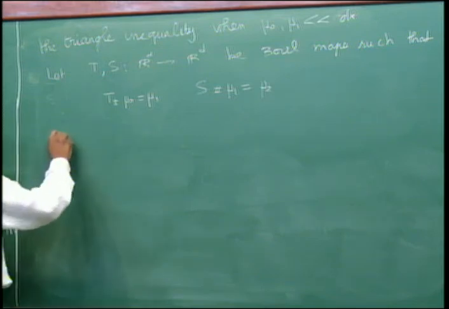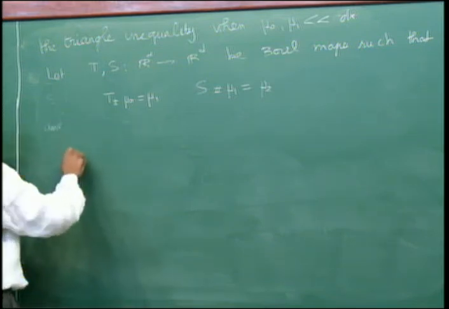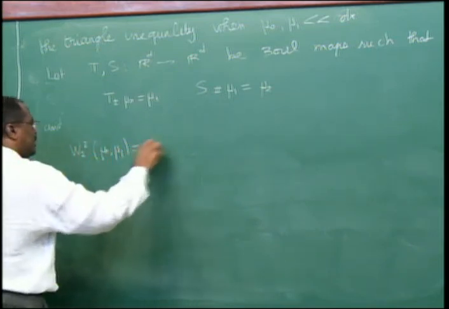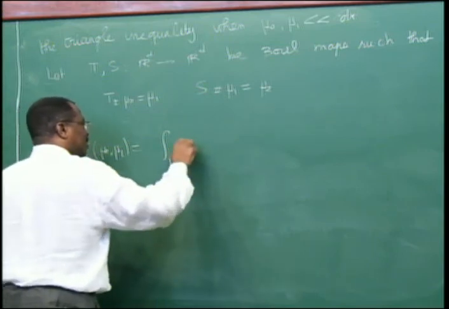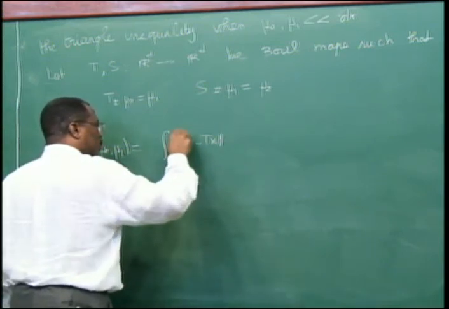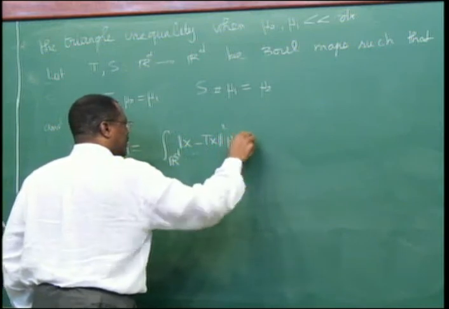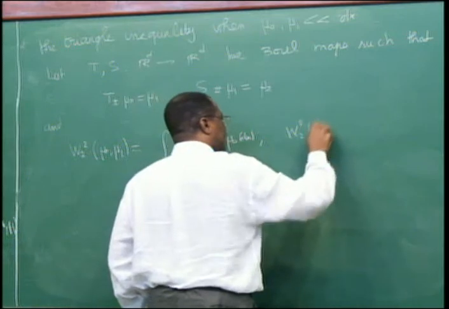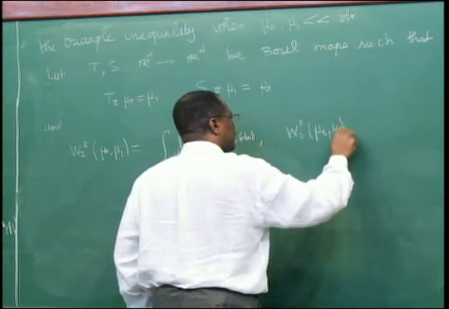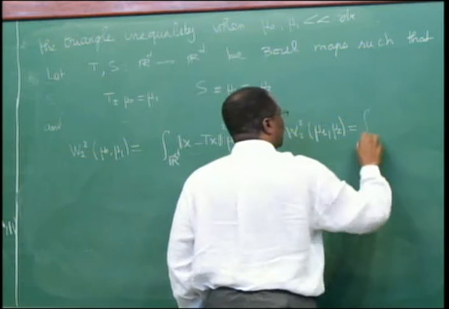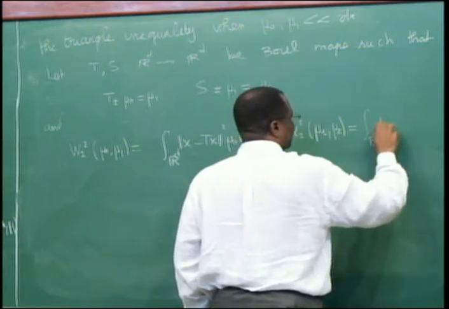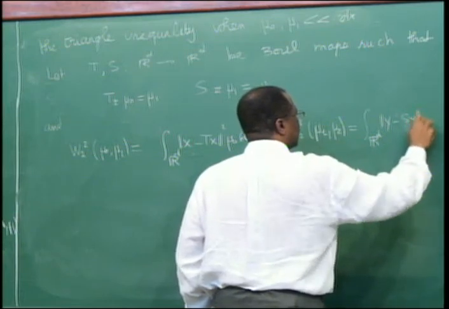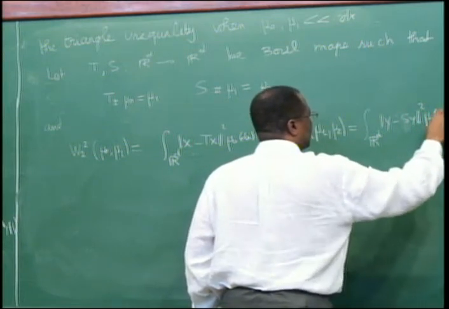So I can write that the distance squared between mu naught and mu1 is the integral over Rd of |x minus T of x| squared mu naught dx, and the distance squared between mu1 and mu2 is the integral over Rd of |y minus S of y| squared mu1 dy.